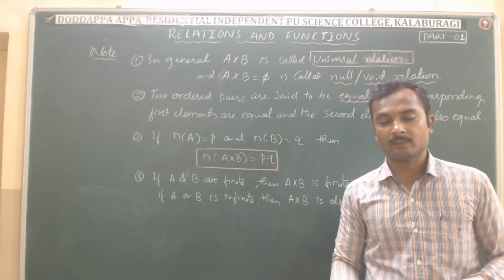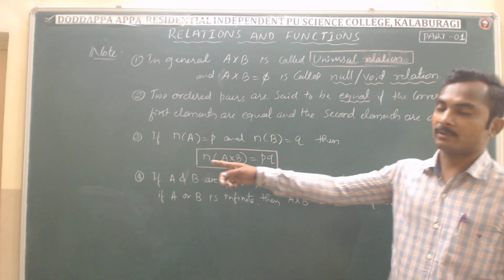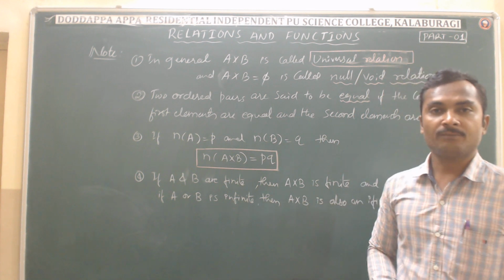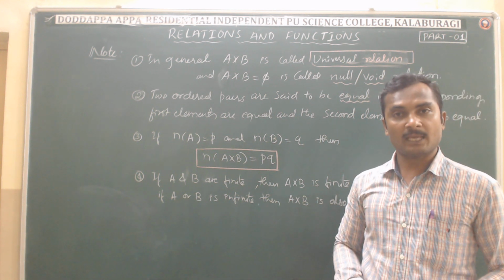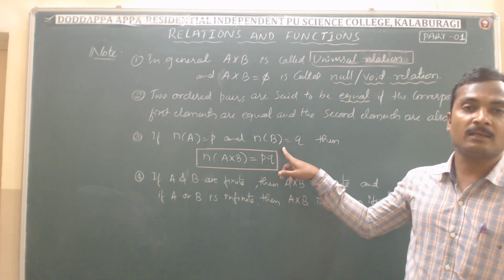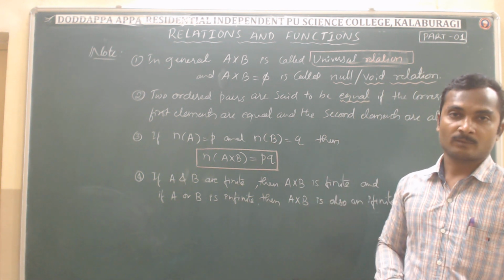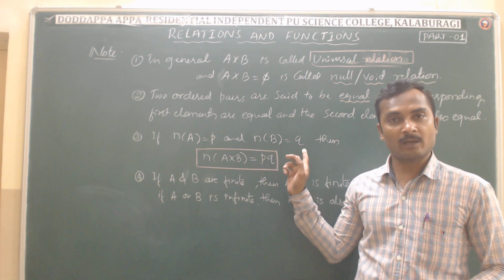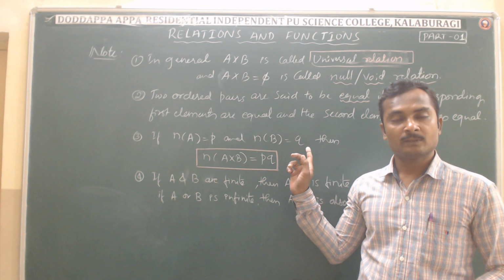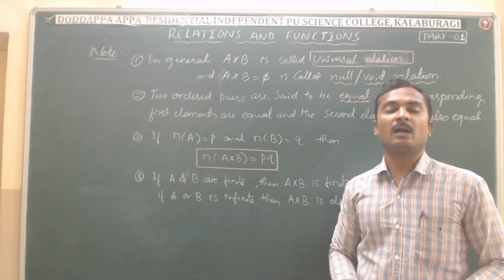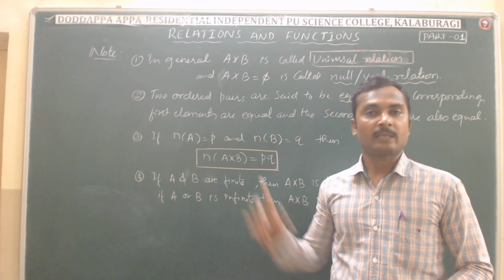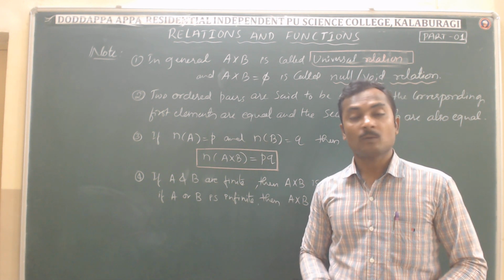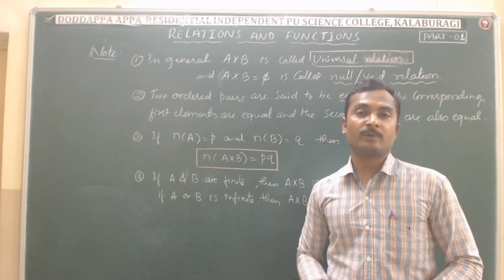Remember this. The next point is: if the number of elements of the non-empty set A is P and the number of elements of the set B is Q, then what is the total number of elements of the Cartesian product A cross B?